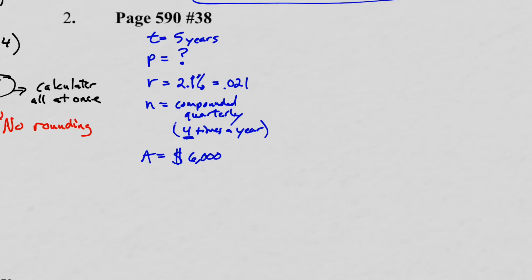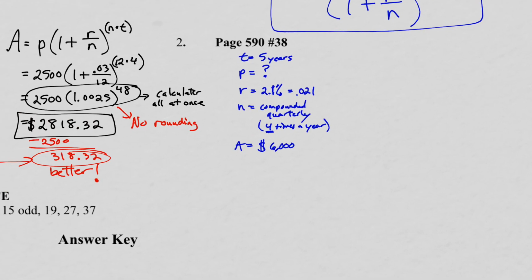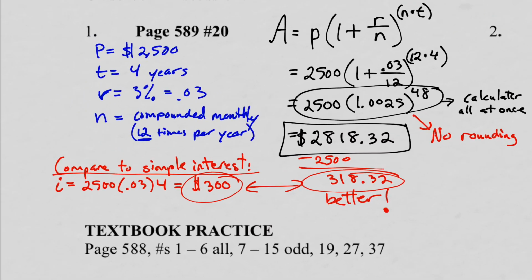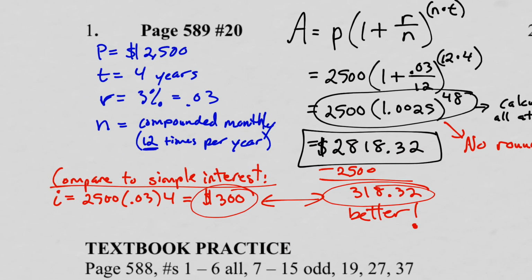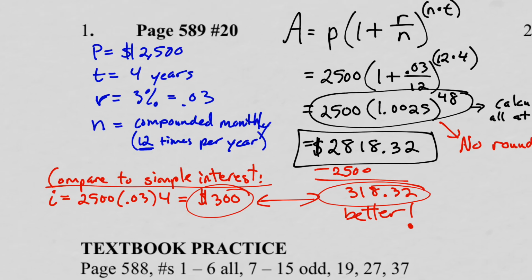Okay, so you got to be careful with the terminology. This one was, what's the account going to turn into if you invest $2,500 now? What is it going to turn into later?